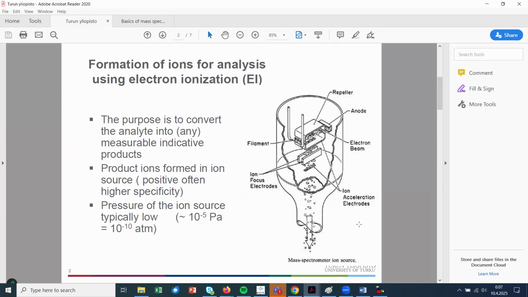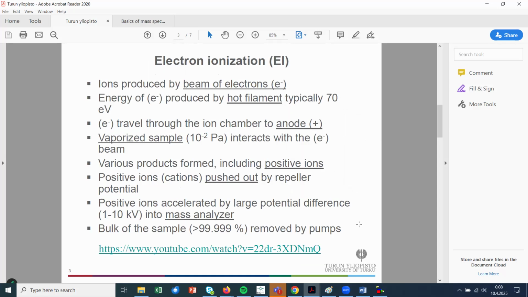Here we bombard the sample with electrons, and this ionization takes place in very low pressure. So an electron beam is sent from the cathode towards the anode, and that's where the electrons bombard our samples.